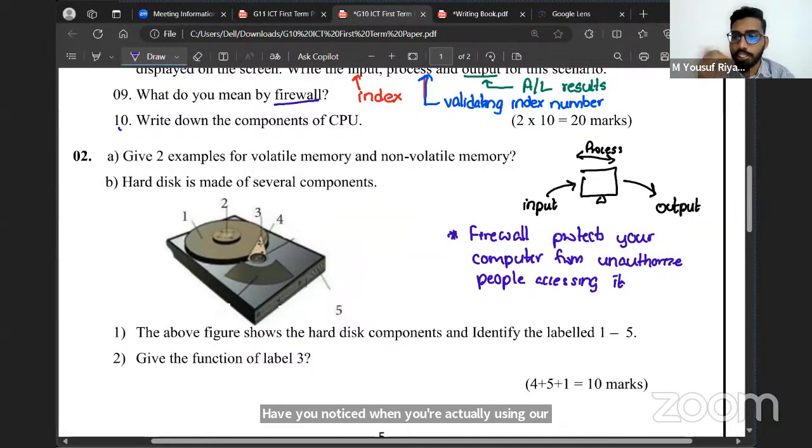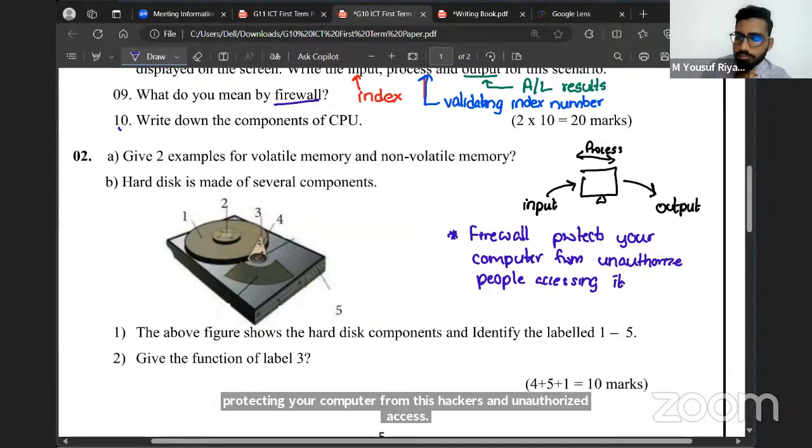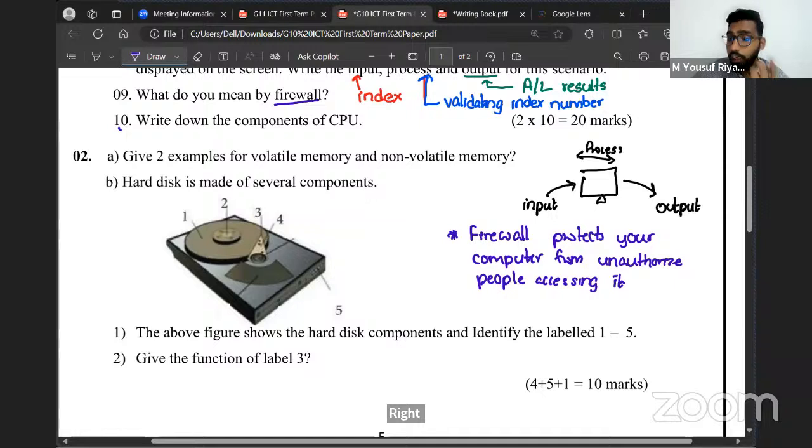Are you sure you want to install this application? It looks a bit suspicious. Those are given by a software firewall. So firewall is mainly about protecting your computer from hackers and unauthorized access. But if they talk about hardware firewall, then you can mention the networking device part as well.